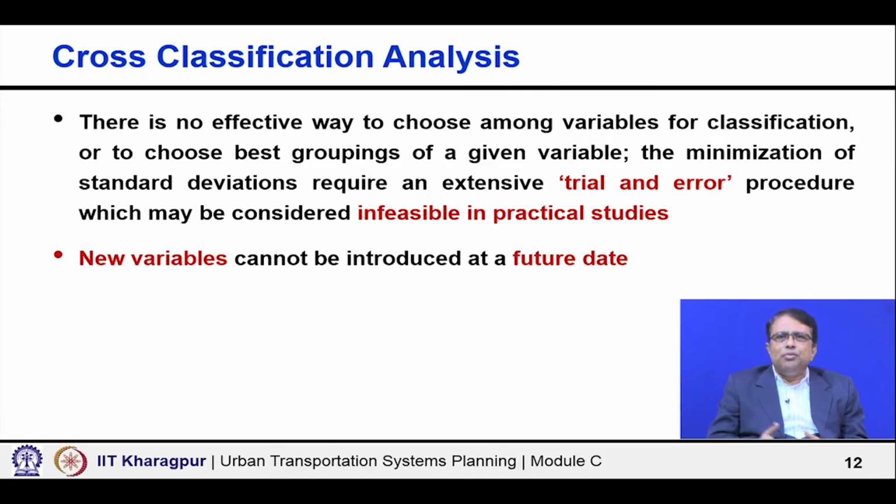Say, for example, I said 0 to 20,000, 20,000 to 40,000, 40 to 60. Who says that every 20,000 of income is really one group different from another? Somebody may tell me that up to 20,000 travel behavior or trip making behavior does not change, and it is only beyond 20,000 that it changes.